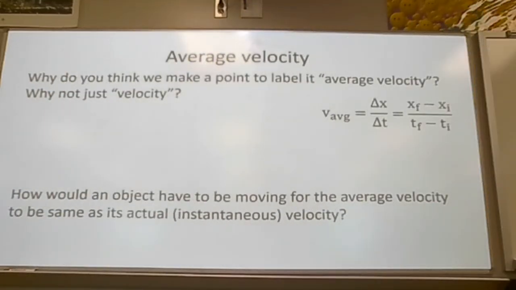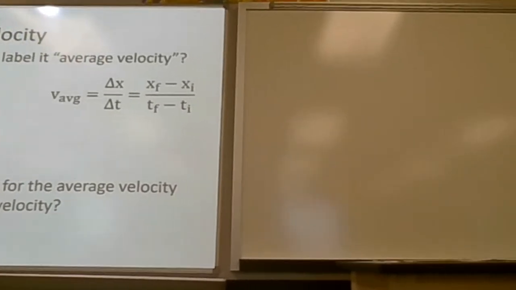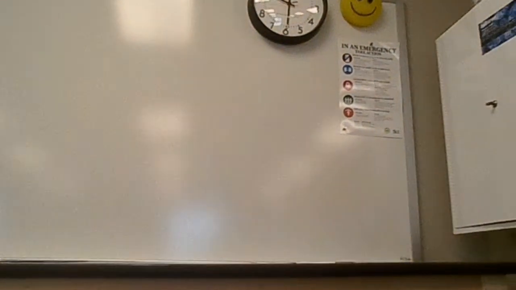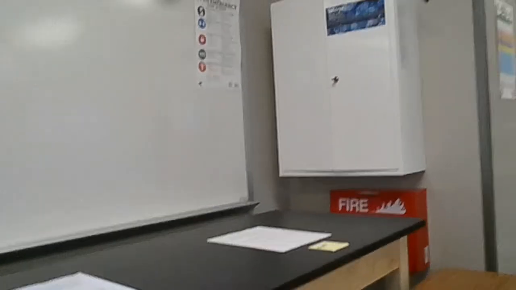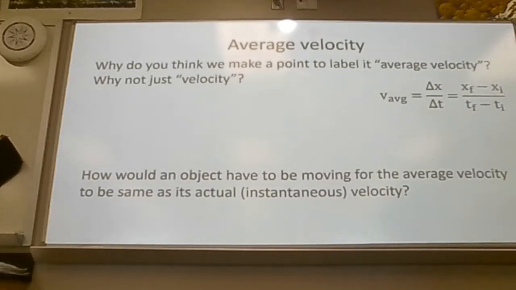Why do I need to specify average, for a trip, versus the actual or the instantaneous velocity? Have a conversation.